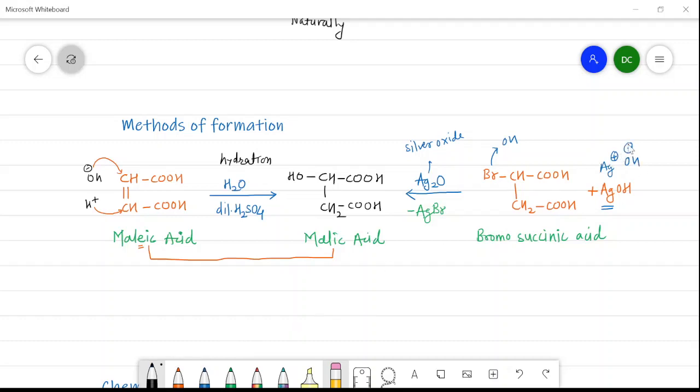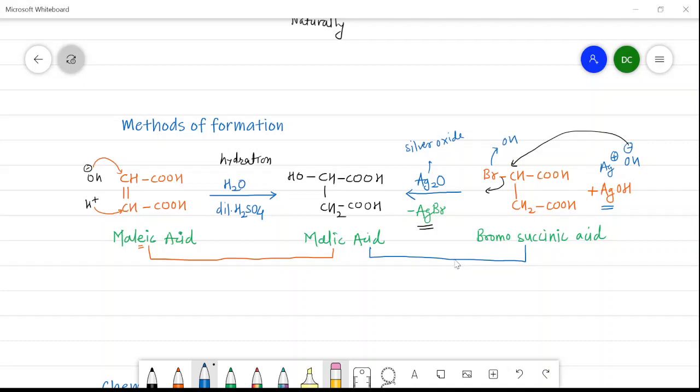It attacks this carbon, and the Br group is removed. It combines with the silver ion to form silver bromide, and the OH group is attached here, so that we get malic acid. In this way, from bromosuccinic acid we can get malic acid by replacement of bromine by the OH group. It is the simplest replacement reaction. So these are the two methods of formation of malic acid.